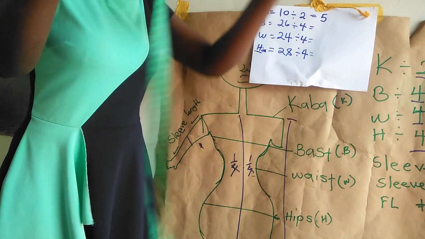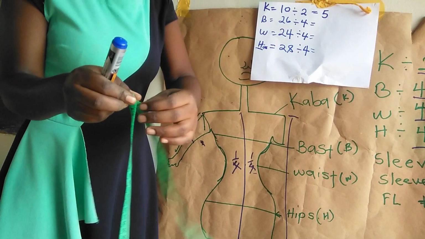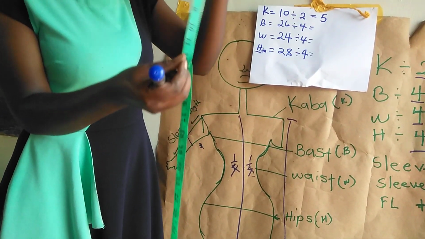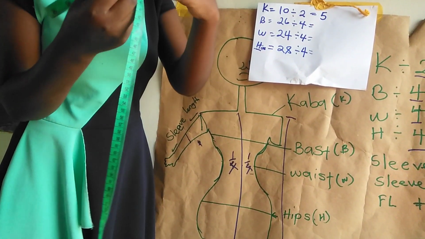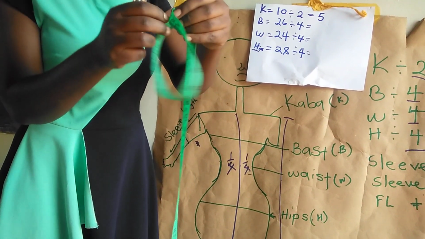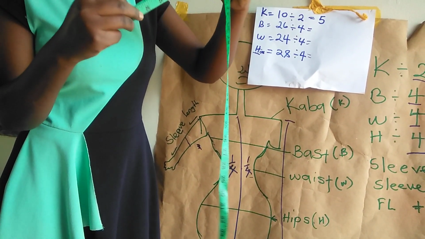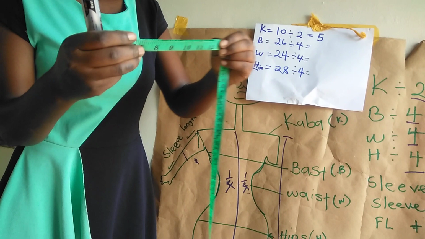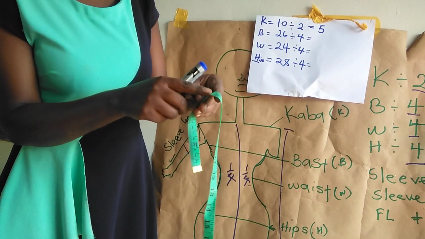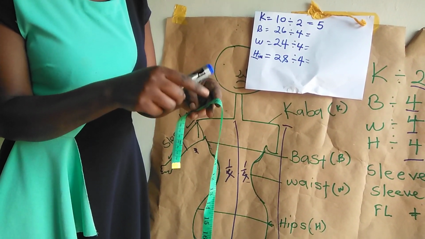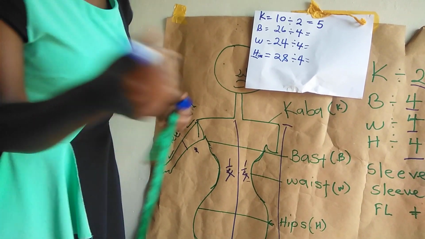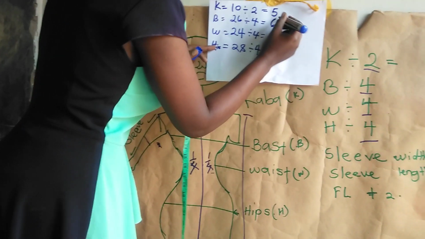Then you throw this one away. You remain with only this one, which marks 13. And you bring it again to the 13 like this. So here you have gotten your answer, and your answer becomes 6.5, which is convenient. So now we are going to use 6.5.